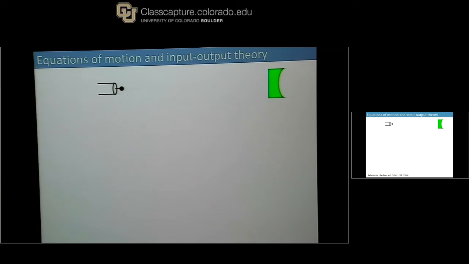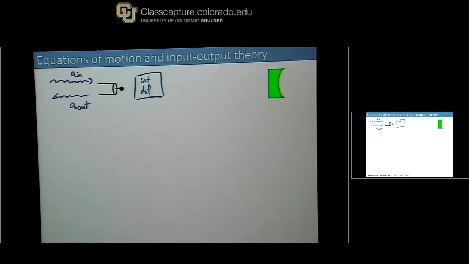So let's say we have some input field A in and output A out for this transmission line here, and then that dot represents the port, and that's ultimately coupled to our system, but also in that system there are internal degrees of freedom that we also have to keep in mind.